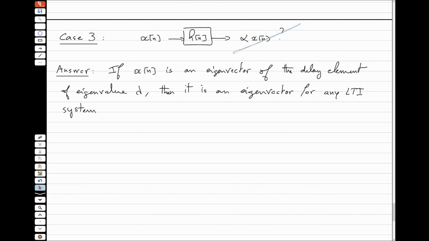And the reason is as follows. Is that y of n is what? We know that y of n is the sum of h of k, x of n minus k.